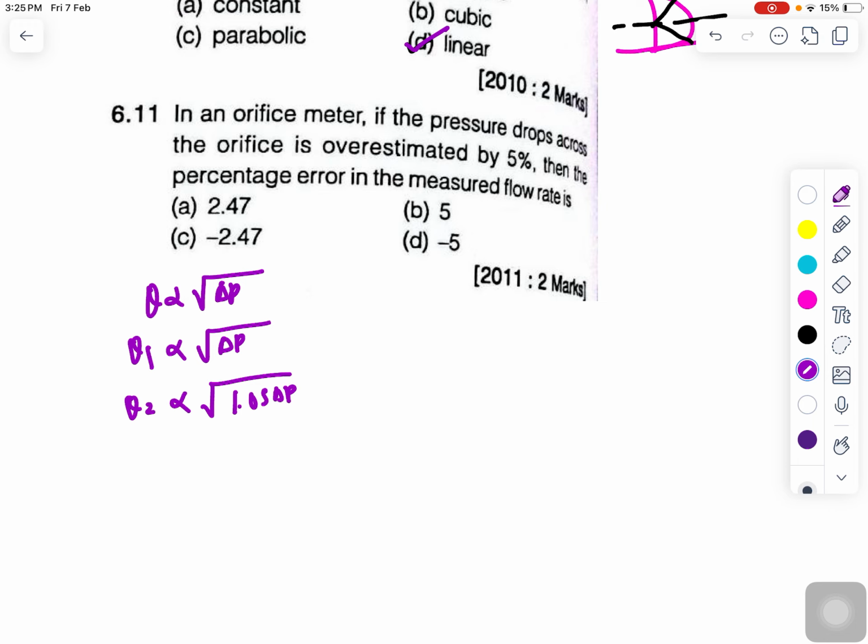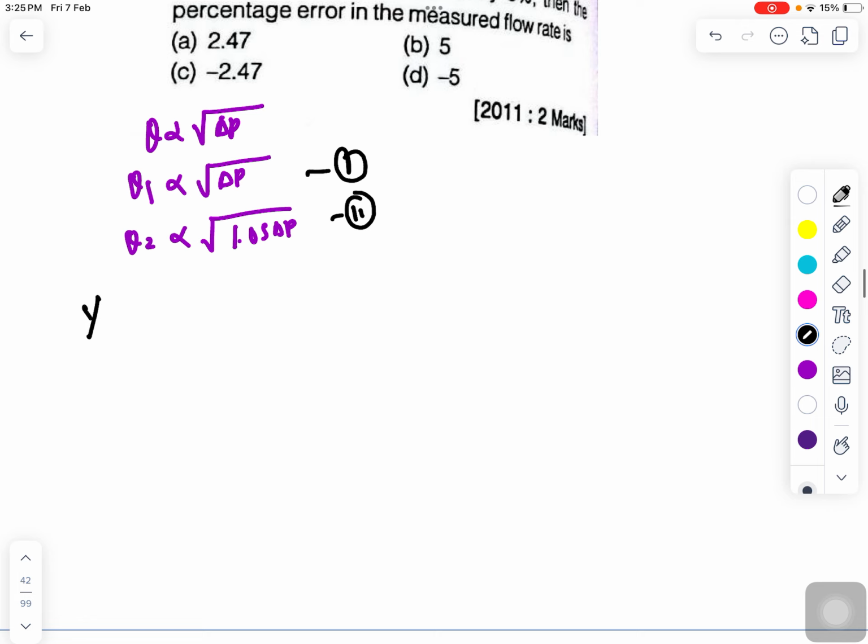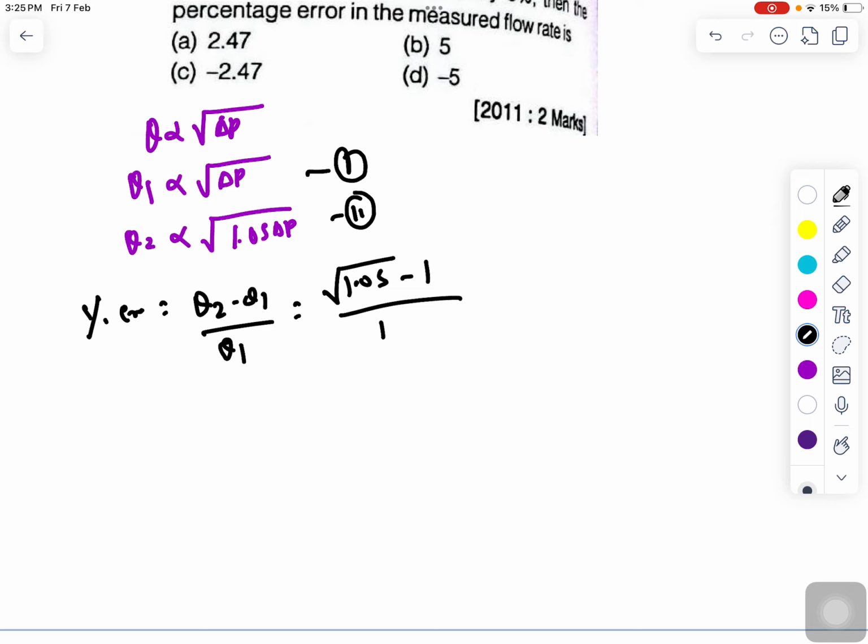So what is percentage error? Percentage error is equal to Q2 minus Q1 divided by Q1. So you can write root 1.05 minus 1 divided by 1, and multiply with 100 because you are supposed to calculate in percentage.